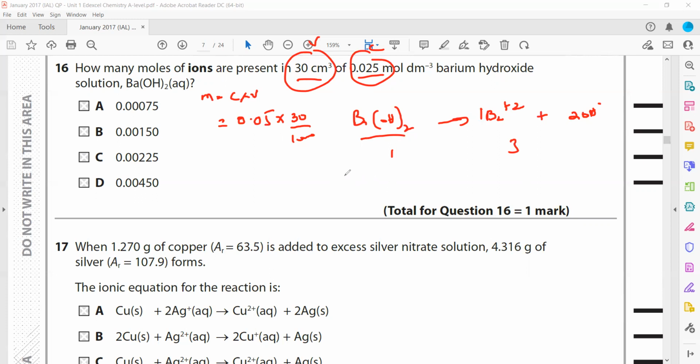So 0.05 times 30 divided by 1000 equals 0.000015, and this will be x, because one molecule breaks down into three ions and they are asking how many moles of ions are present. So 1:3 is the ratio between molecules to ions, so multiplied by 3, which equals 0.0045. So D will be the right answer.